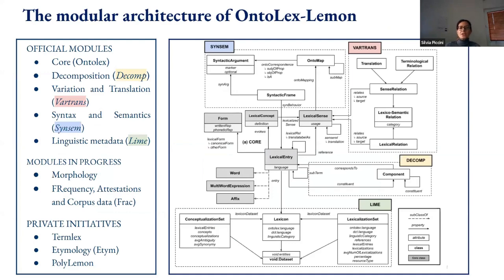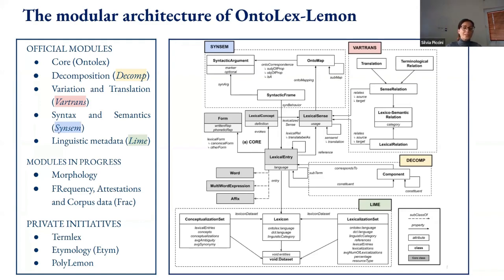Well, as I said, the architecture is modular, it's very complex. We have five main official modules: the core of OntoLex, and we will focus mainly on the core today. Then we have the decomposition module, and we will work with it as well. Then we have the variation and translation module. We will try to work with it. Then syntax and semantics, and then linguistic metadata.